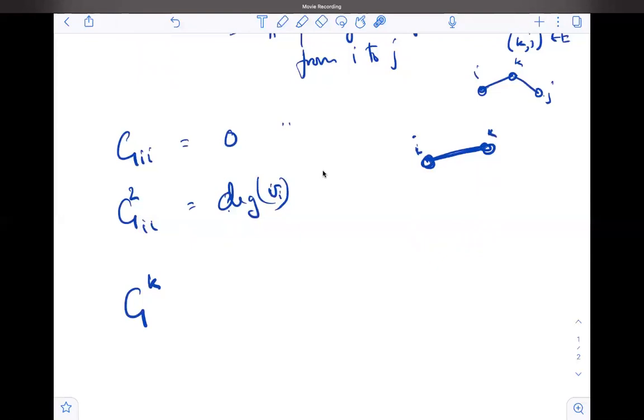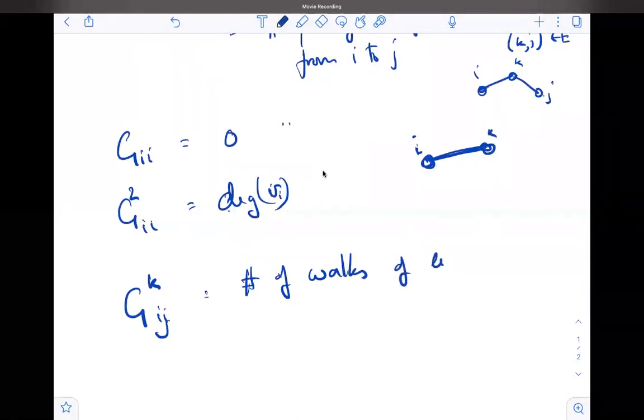So G^k ij is the number of walks, meaning paths where you can reuse edges, of length k from i to j.